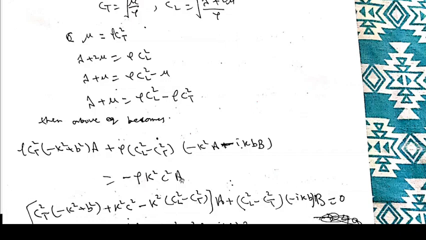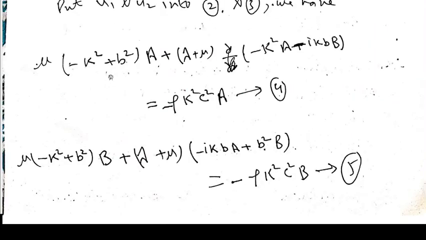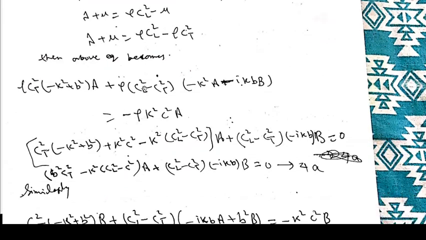Rho is basically the density of the material, which we will use for the half space. So this will be cancelled out. After cancellation, we have used these in our equation number 4, then we will use them in equation number 5.